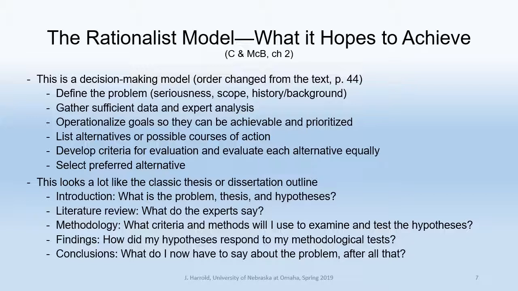And the conclusions, right? So now what do I have to say about this after all that testing? So really, in a sense, we construct a framework for our analysis that resembles the comprehensive rational decision-making model. And I think that's an excellent way to do it, because it gives us a common vocabulary that we can employ when we analyze policy.